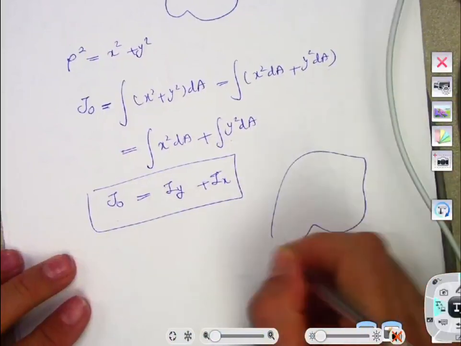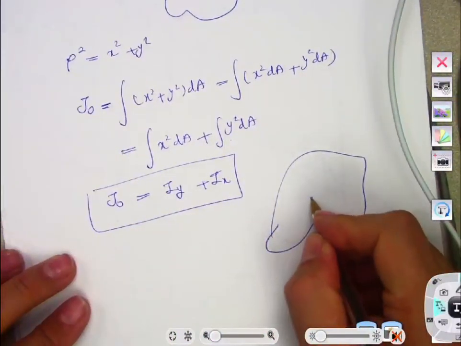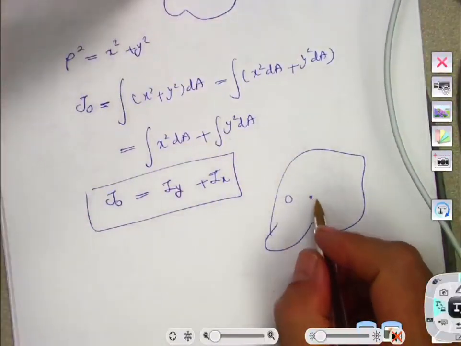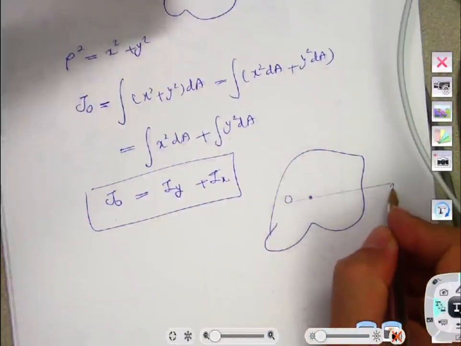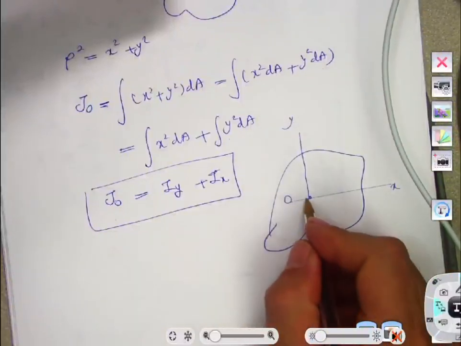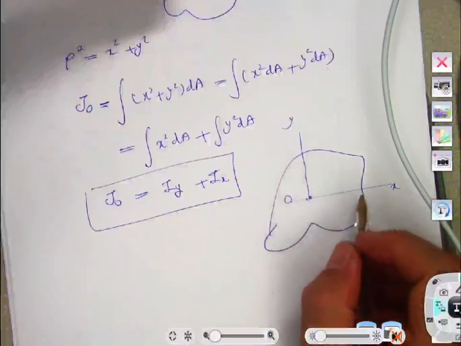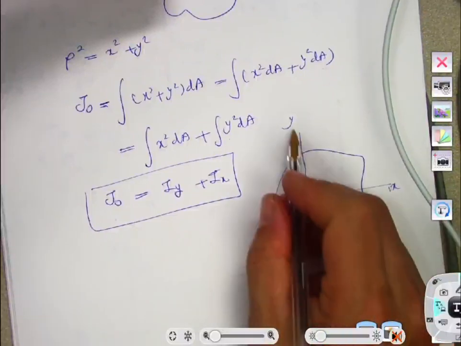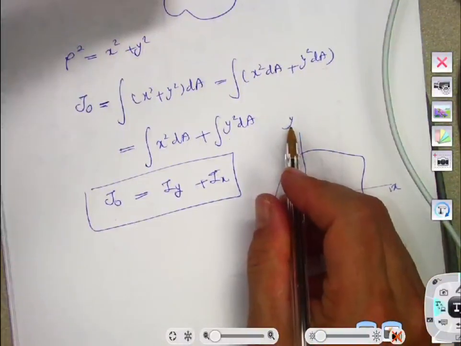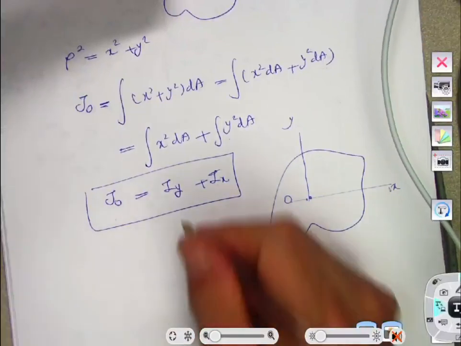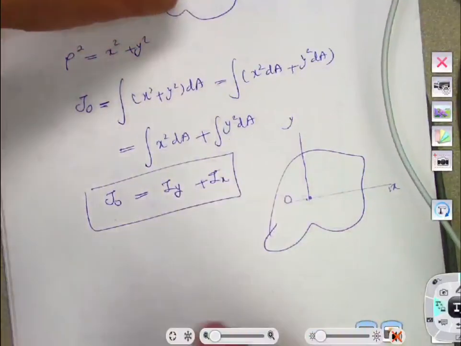If you are looking at point O, and you have defined your x-axis like that and y-axis like this, the polar moment of inertia about O is going to be equal to the second moment of inertia about x plus the second moment of inertia about y. So Ix plus Iy. Make sense? So I just proved that to you.